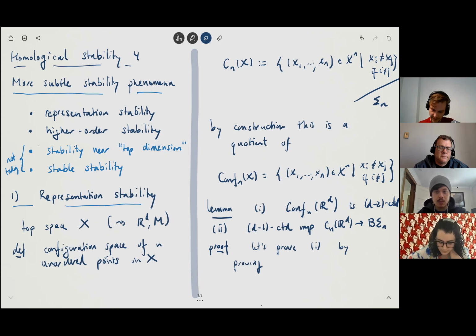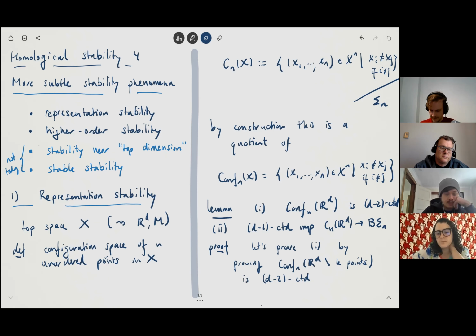Instead, I'll prove that if I take this configuration space and I remove some points from it, then this is d minus 2 connected. Of course, the case k equals 0 is going to give us what we want. So it will be a simultaneous induction over n and k.